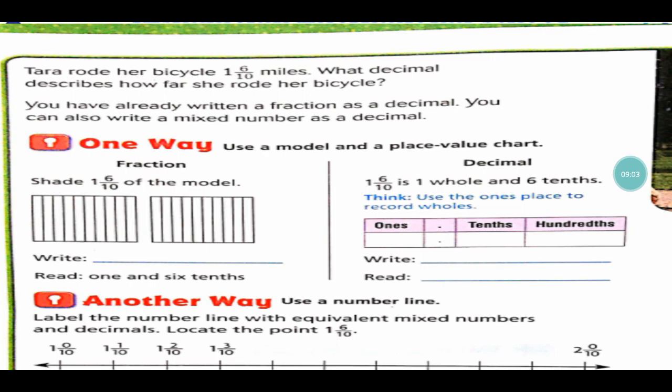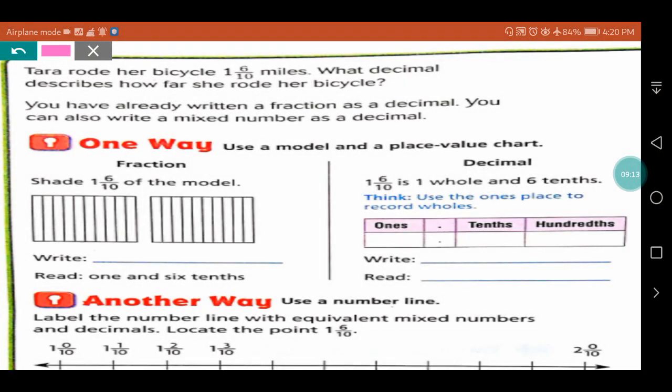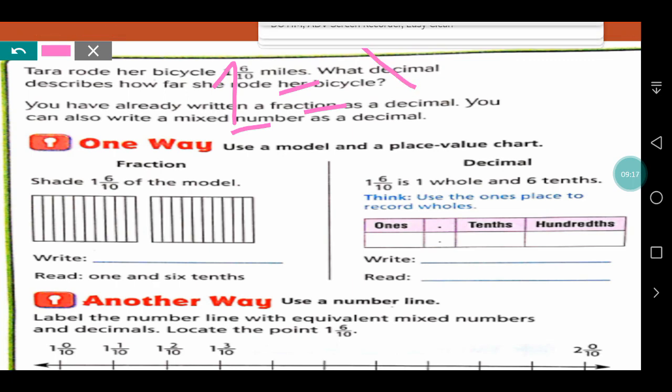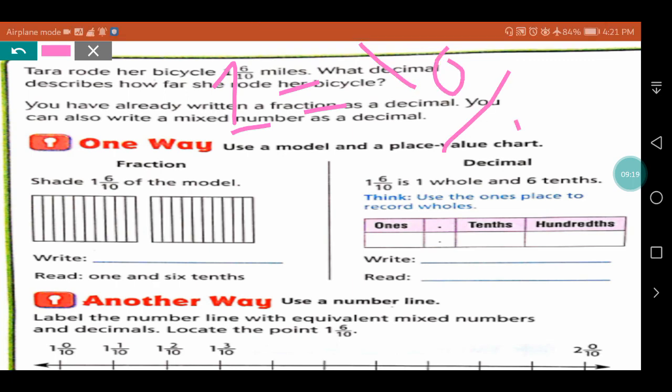Here we have two models, shade 1 6/10 of the model. Here 1, as we know, means what? 1 means 10 tenths, as we know. 1 equals 10 tenths. Then the first model has 10 equal parts.